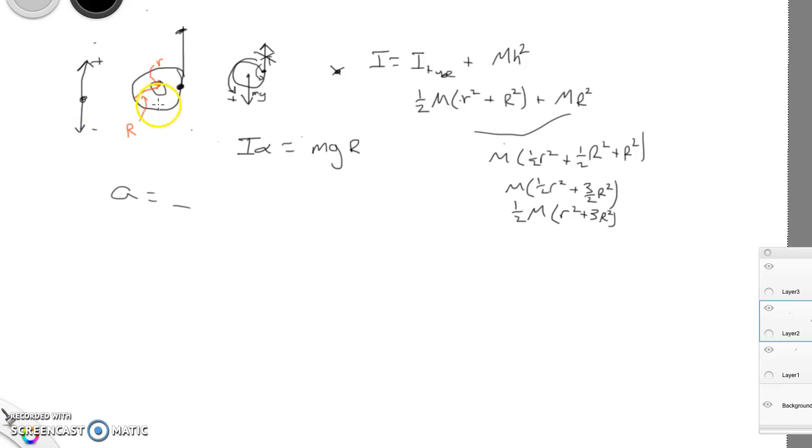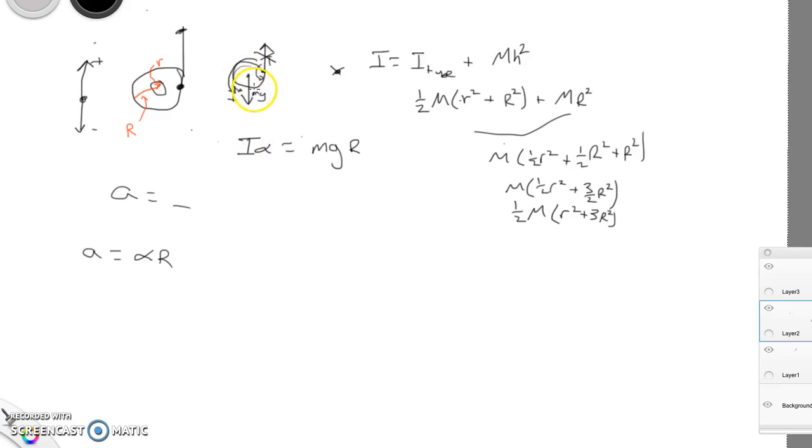Okay? So when we write our equation that a is equal to alpha times R, we have to think about something. When we have angular acceleration this way, as it accelerates this way, that means it's accelerating downward.